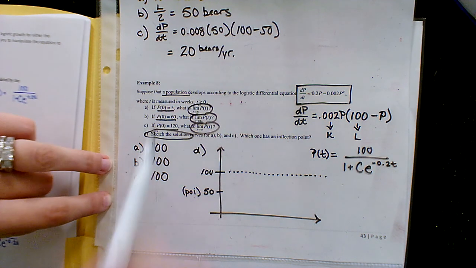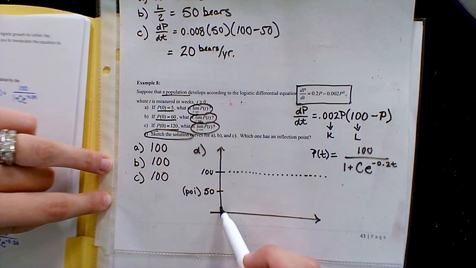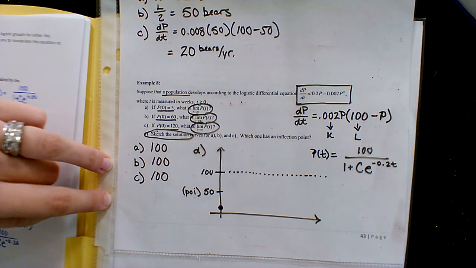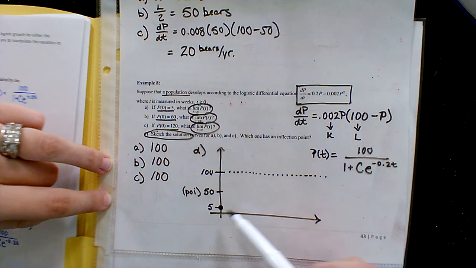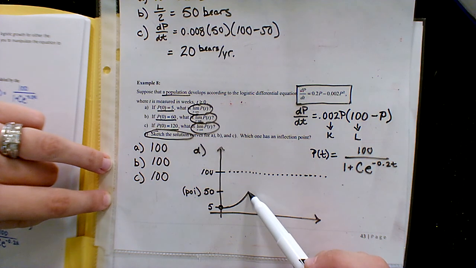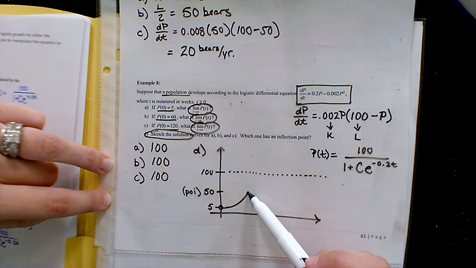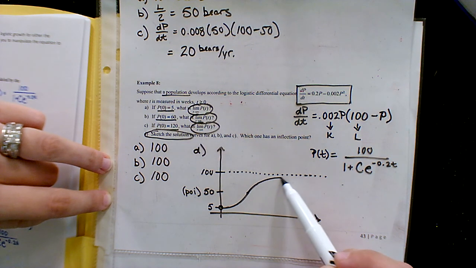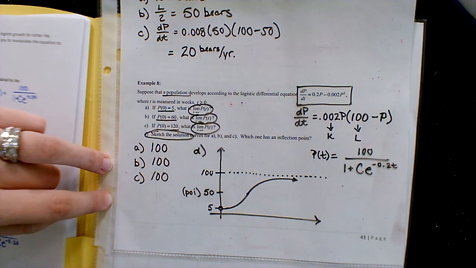So if our beginning population was 5, wouldn't we be starting somewhere all the way down here? And as our logistic curve develops, we initially have a concave up graph because our population is increasing quickly. But then we're eventually going to reach that point of inflection where we change concavity and eventually are concave down, approaching that carrying capacity.